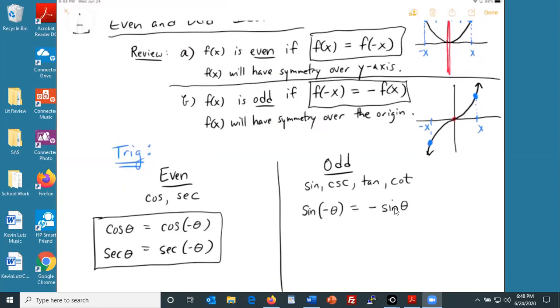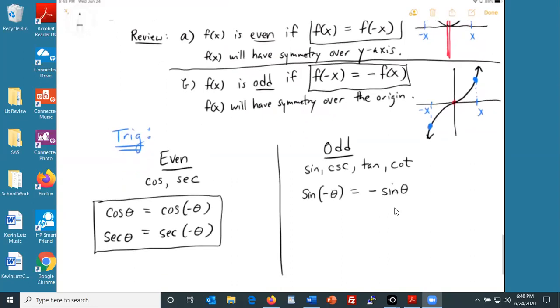So it would look just like that. And then the rest just fill in the same. So you have cosecant of negative theta, tangent of negative theta, and cotangent of negative theta, and then just put the negative in front: cosecant theta, tangent theta, cotangent theta.